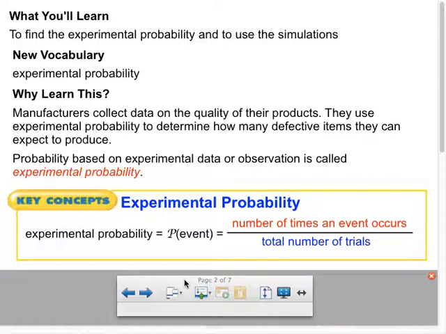So experimental probability is like doing it over and over again. Theoretical is like having it done already. You calculate it. Experimental is you actually perform the action or the experiment and you record your results. Does that make sense? So just like I said, if I only had one trial, Laura, and it landed 4 up, 1/1, that's a certainty, right?